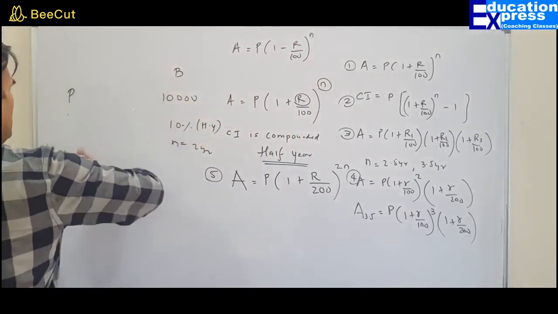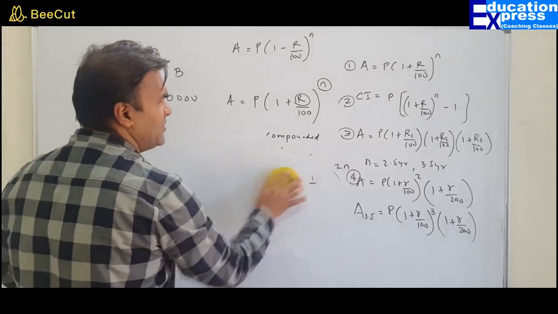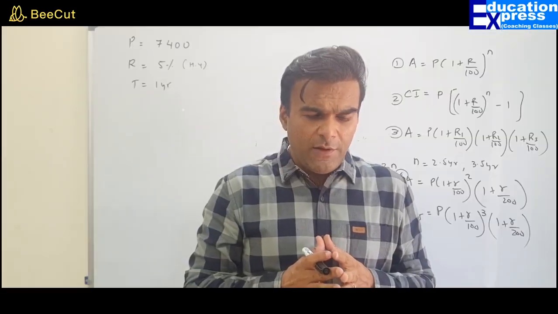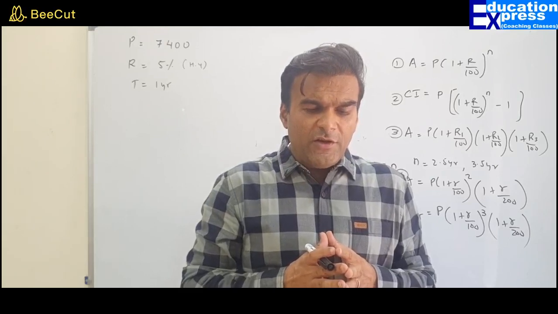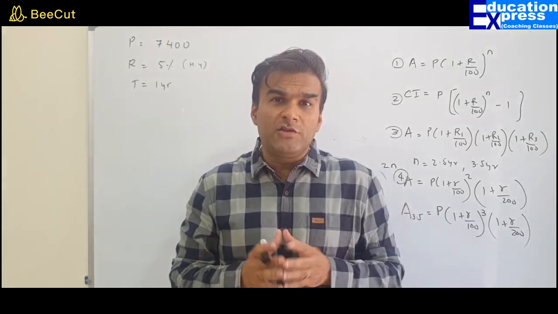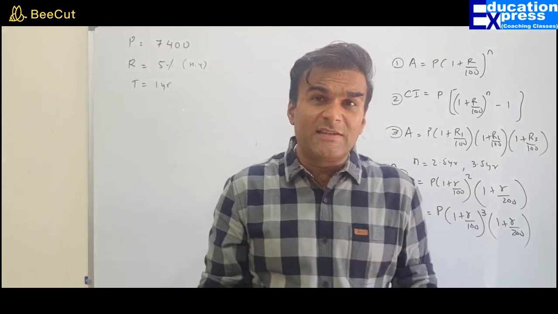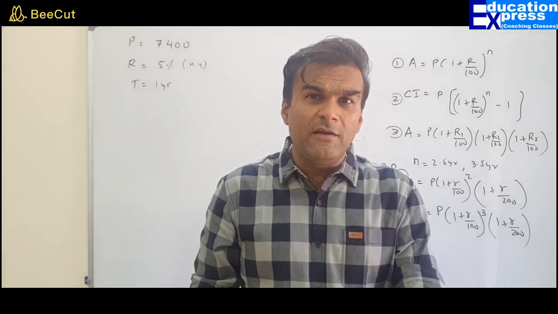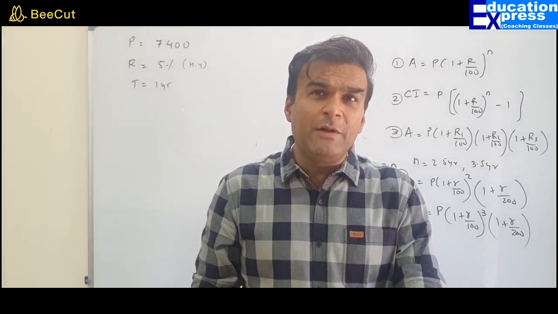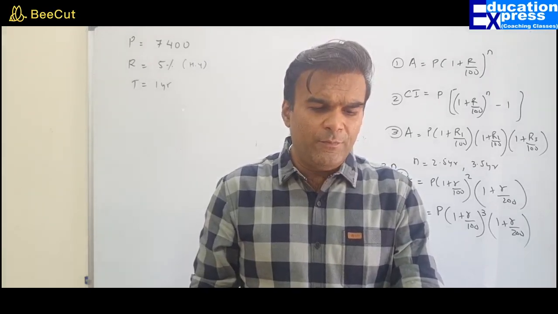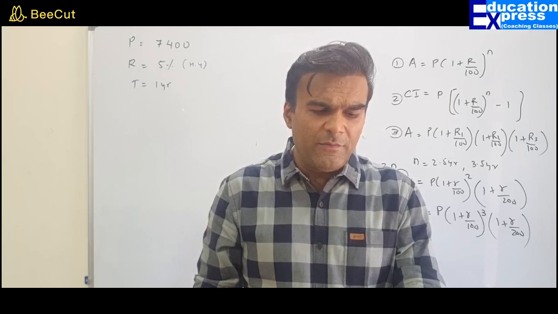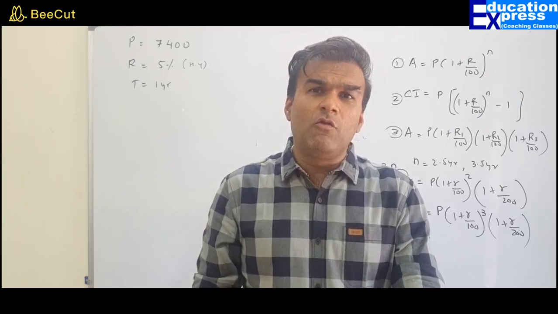Let us start with the questions from the exercise. And here we go. Exercise 3C, question number 1. If the interest is compounded half yearly, so see here, the language is interest is compounded half yearly. Calculate the amount, so we have to find the amount, when a principal is 7,400, the rate of interest being 5% per annum, and the duration is 1 year.